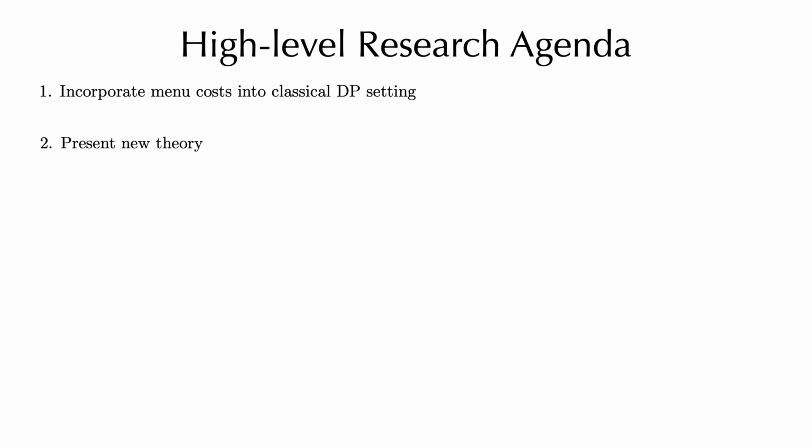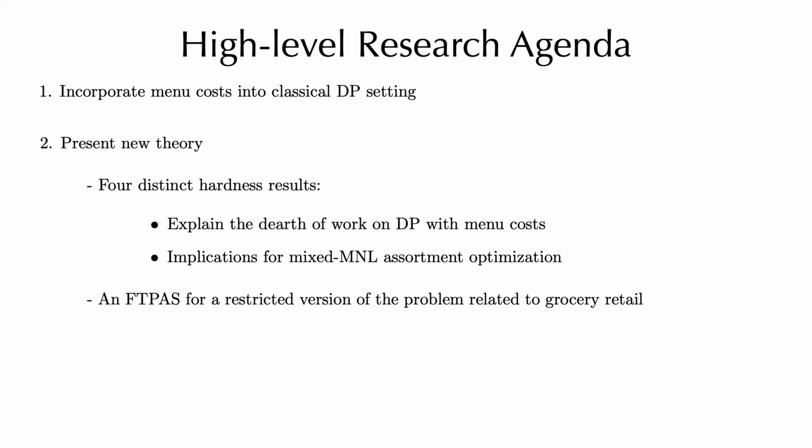So the first contribution is purely modeling, introducing and studying this new idea of menu costs. And the second is obviously what progress do we make on this problem? Okay, and the theory that we present comes in two flavors. The first is four distinct hardness results.